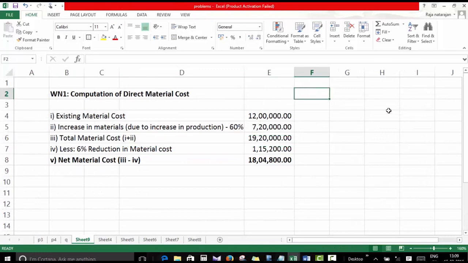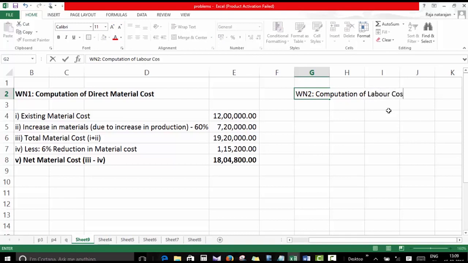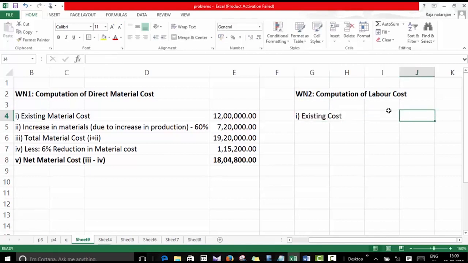We'll have working note 2 where we'll calculate labor cost, computation of labor cost. So in that we'll calculate what is the existing cost. Existing cost information we have, it is 7 lakh.